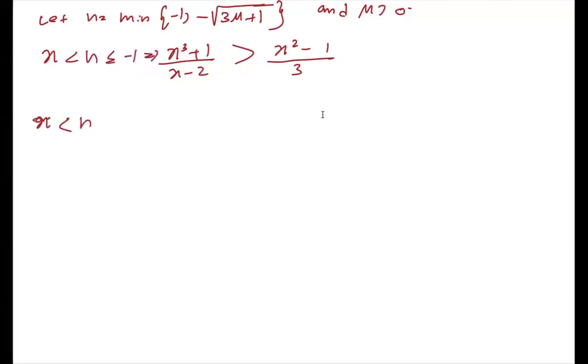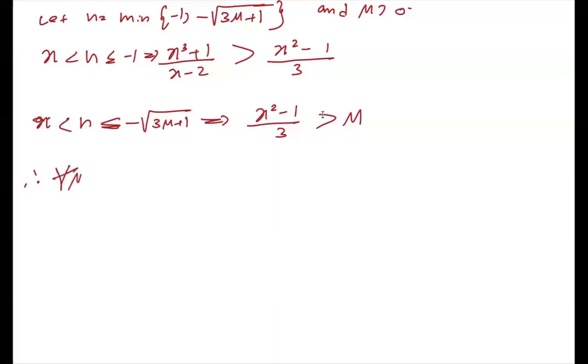This implies n less than or equal to minus square root of 3m plus 1, because we take the minimum of these two. This implies x squared minus 1 over 3 is greater than any positive number.